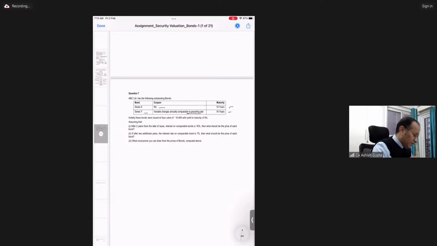Initially, these were issued at a face value of rupees 10,000 with a yield to maturity of 8%. Assuming that after 2 years from the date of issue, the interest rate on a comparable bond is 10%, what will be the price of each bond? If after 2 additional years, the interest rate on comparable bonds becomes 7%, what is the price of each bond? What conclusion can you draw from this? Okay, students, now I start solving this question.